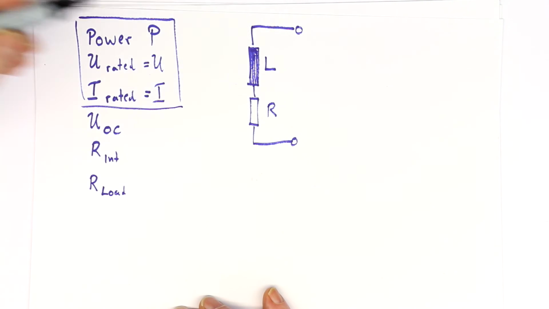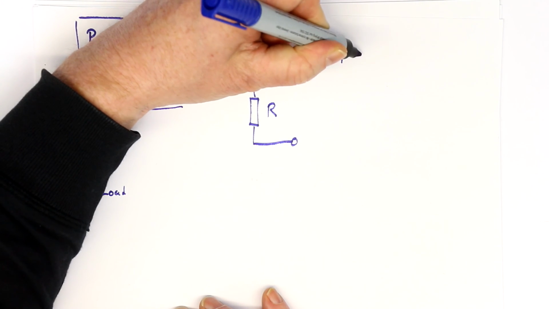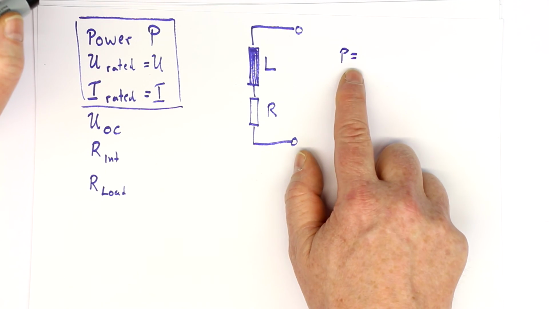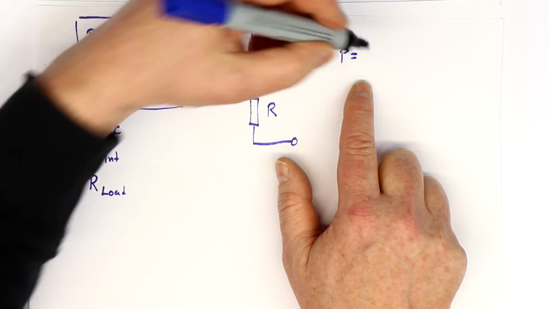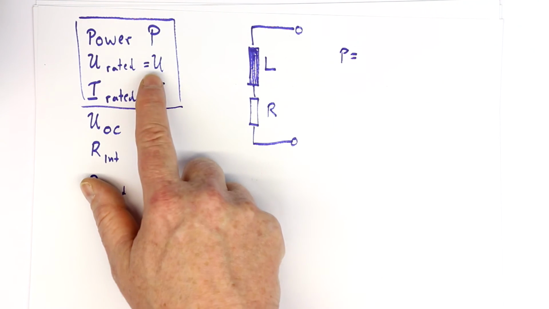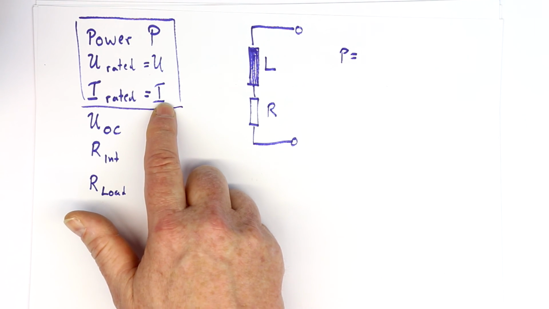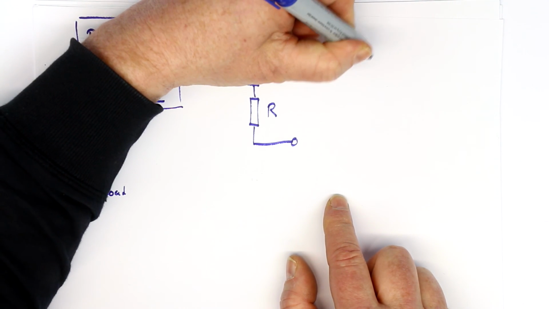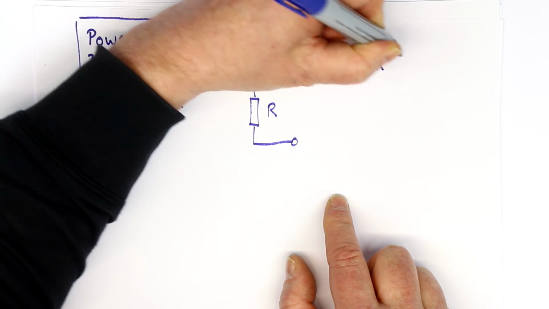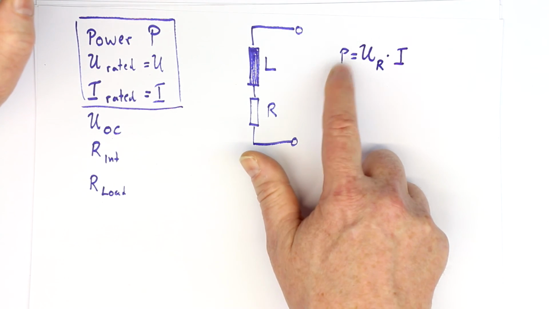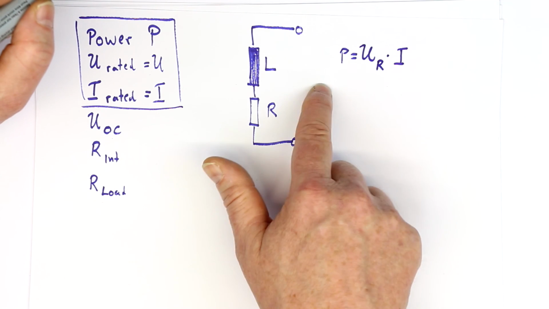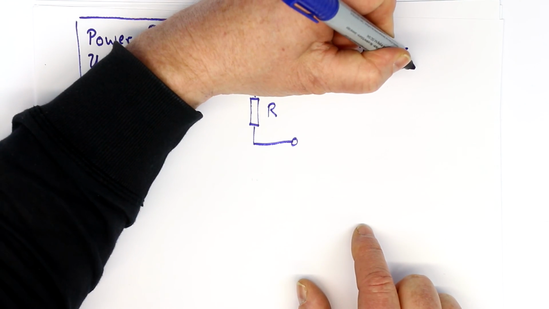That's quite easy, because we know from the definition of power that power is simply voltage times current. If we know the rated voltage and the rated current, then we can immediately calculate the rated power, that is the total power your transformer can output on the secondary side.